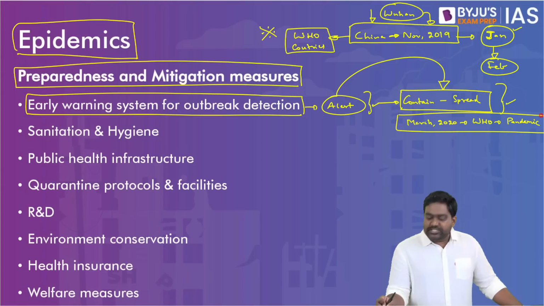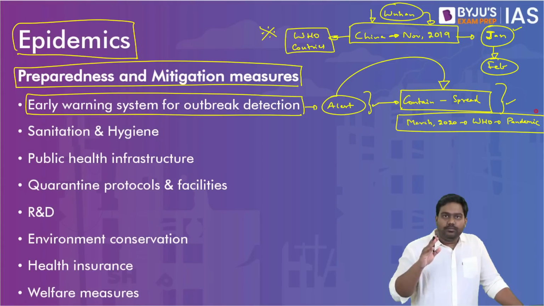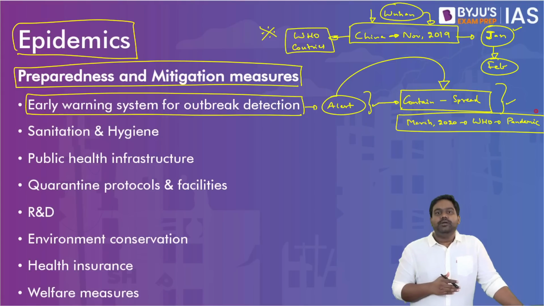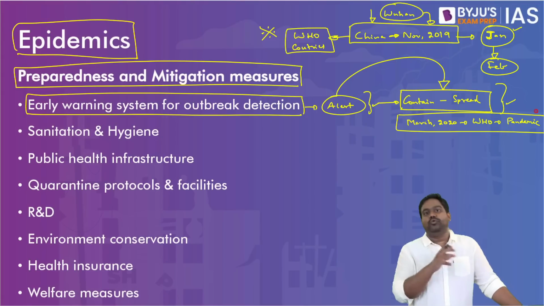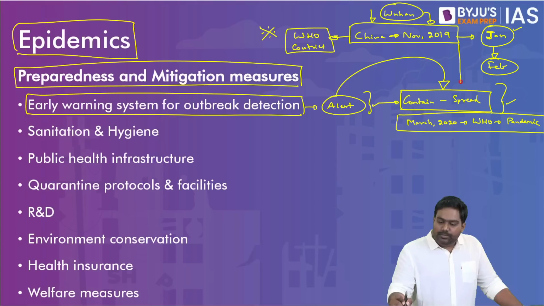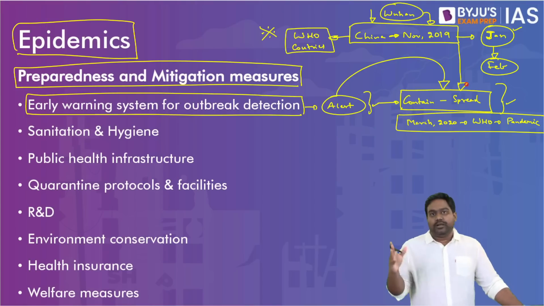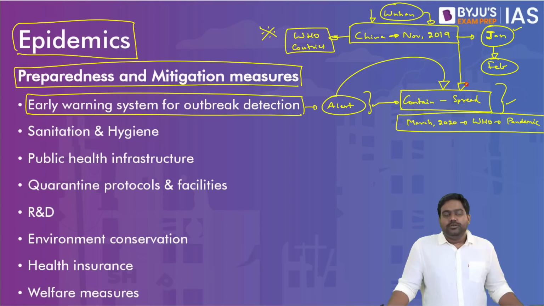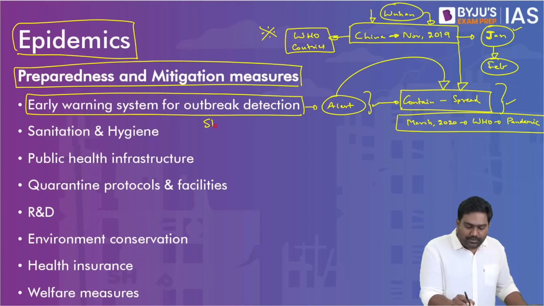So we had wasted precious 3 to 4 months before taking proper global action. All actions were limited to a few countries. They were only reacting, responding to the incidents. By then, the virus had already spread far and wide in the community. So the response time is critical, and hence early warning systems and transparent sharing of information are very, very important.